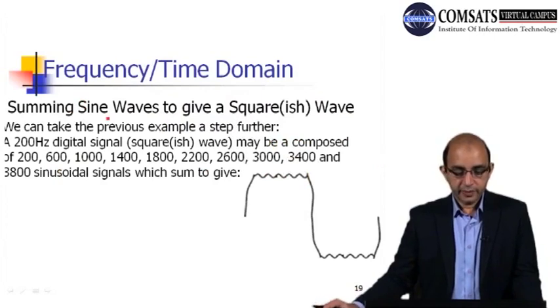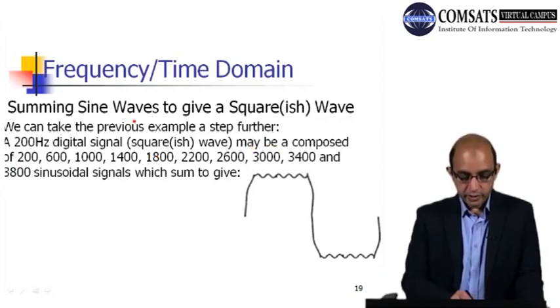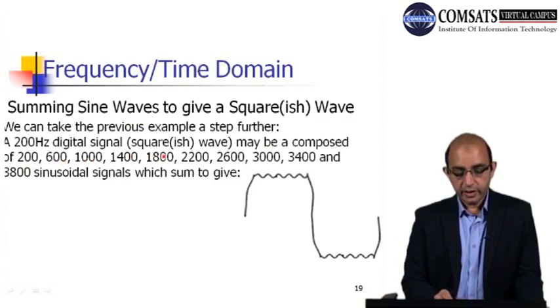Here we have another example, again a square wave. You can see that a digital signal with a frequency of 200 Hertz may be composed of sinusoidal signals at 200, 600, 1000, 1400, 1800, 2200, 2600, 3000, 3400 and 3800.